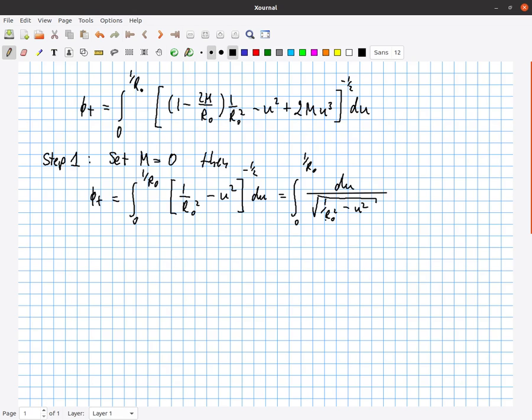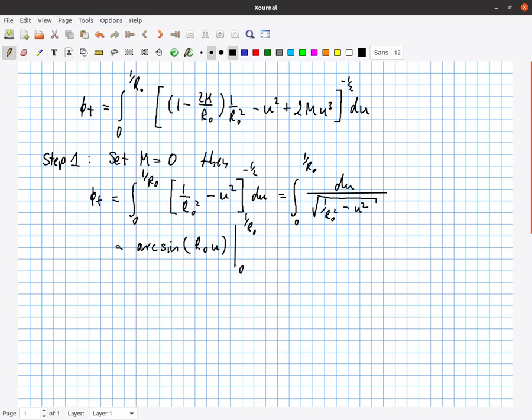You have the square root of 1 minus u squared. You use a standard trigonometric substitution, and you find that this integral is arcsine of r naught u, evaluated between 0 and 1 over r naught.